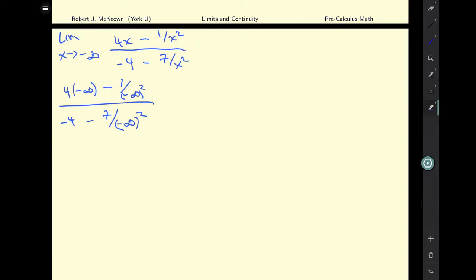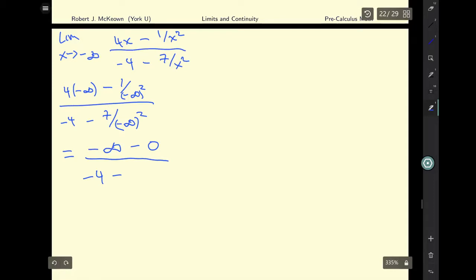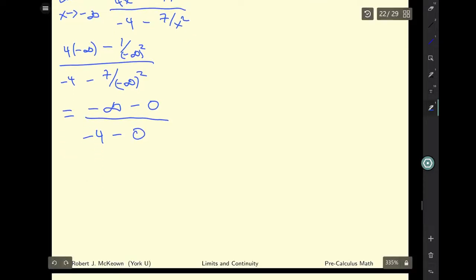So I've got a really big number multiplied by 4. That's just infinity, right? And then 1 divided by negative infinity squared, well, that's 1 divided by a really big number. We'll just call that 0. It's very close to 0. In the denominator, the negative 4 remains, and it's minus 7 divided by negative infinity squared. That's just 7 divided by a really, really big number, and that's going to be approximately equal to 0.